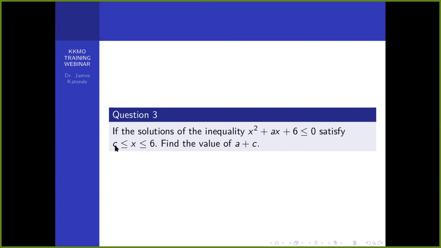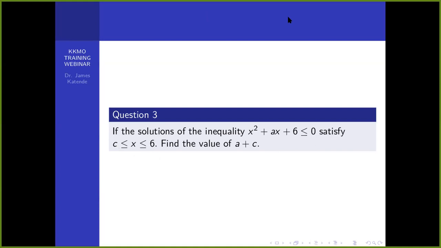It means the roots must be c and 6, because at the point where it cuts the x-axis is where you find the roots. After that is when it will go below the x-axis. So it means c and 6 must be the roots of this quadratic equation.